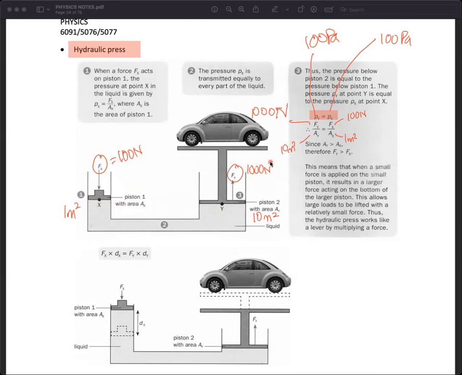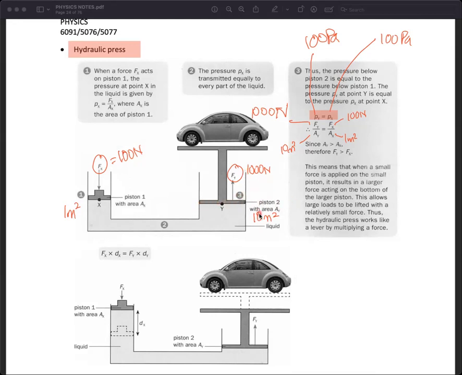So, my next question for you is this. Is force magically produced? Is there any downside to this? If 100 Newton can produce 1000 Newton, then we might as well make this an even bigger area.